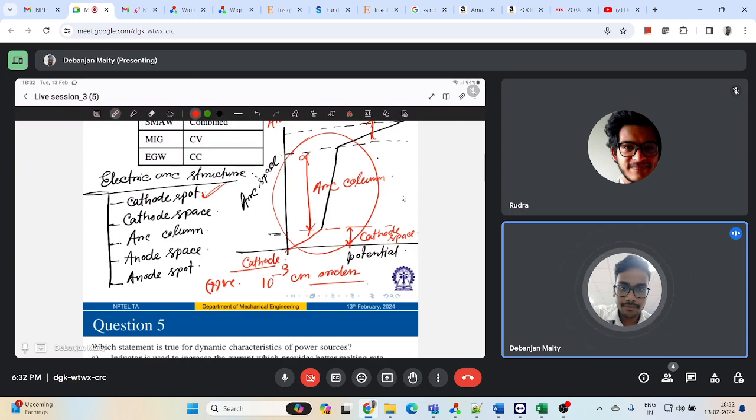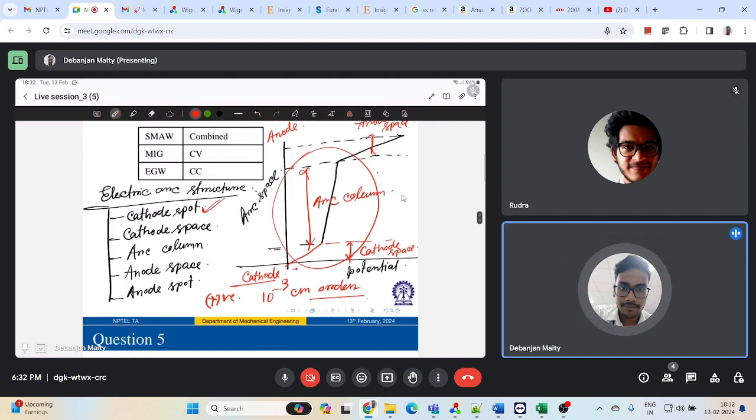So one is anode, one is cathode. Wherever this is cathode, it will basically try to pull those electrons back. And after anode space, you have that anode spot. So you have spot, you have space, then you have this arc column, which is visible, and then again for anode there is space and spot, right?